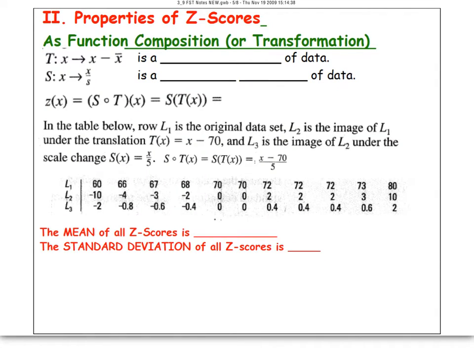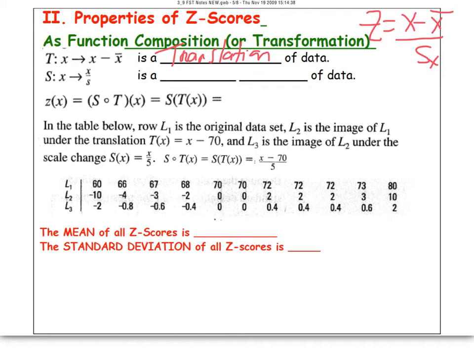Now, just to give you an understanding where this z-score even comes from and why it's in the chapter: here's the formula again, piece of data minus the mean over standard deviation. This component here, taking the piece of data minus the mean, is considered a translation of the data, which we talked about in section 3.